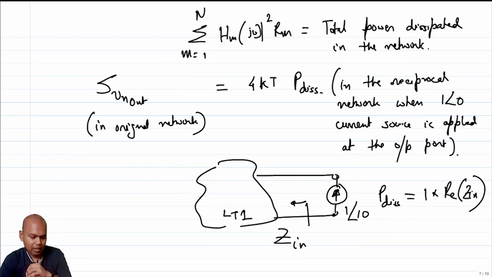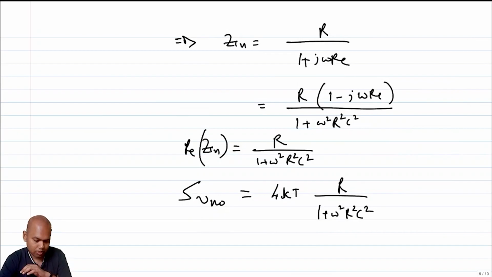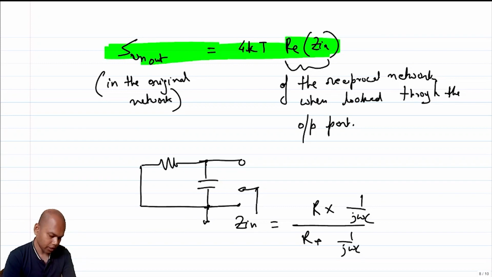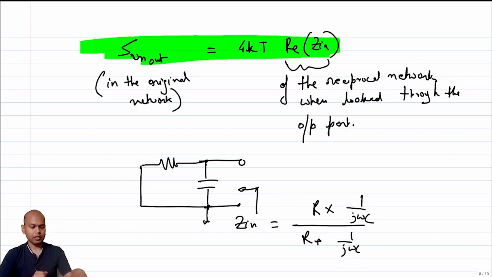And we didn't stop there. After doing some network tricks of power dissipation, we could relate the power spectral density to the real part of the terminal impedance of the reciprocal network, and that is essentially the crux of this noise theory.